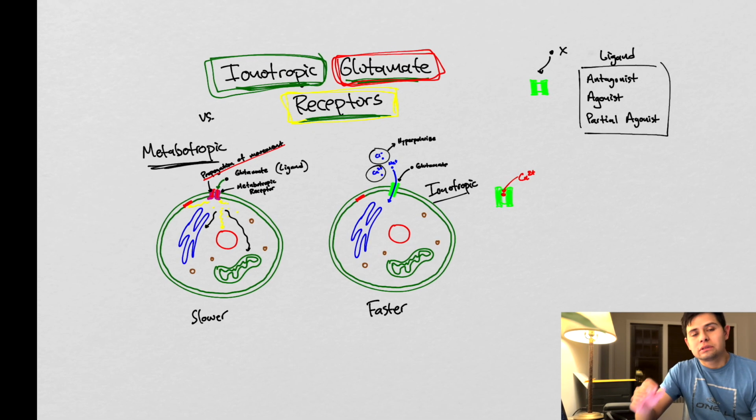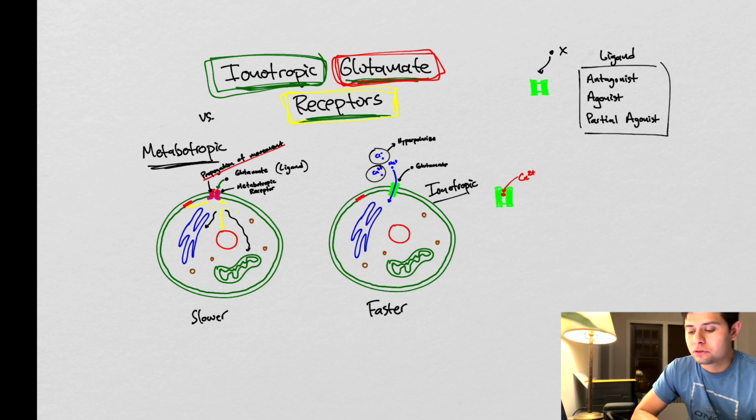Now, what I really want to do in this video is not just go through the biophysics of these channels, which is what we're going to do, but I also want to talk about the distribution of these glutamate channels within the brain, and why these glutamate channels are important, right? And we'll take a look at some of the things you might be interested in, say, what happens if you get bit by a snake, or what happens if you get poisoned by a spider or something like that?